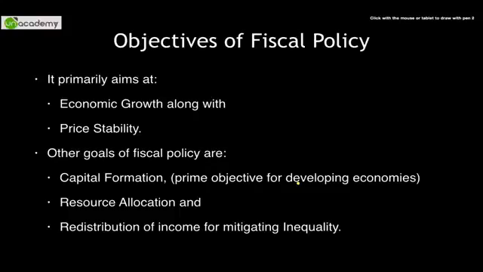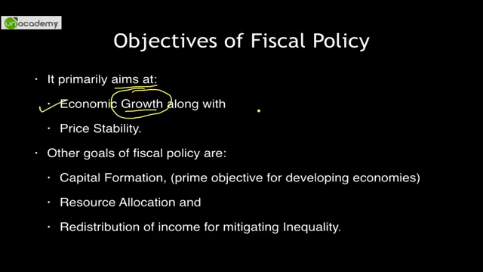Now, what is the objective of fiscal policy? Why is something like fiscal policy implemented? The aim of fiscal policy is economic growth. How do we grow economically through fiscal policy? As you know, the government imposes taxes, all forms of taxes, on the citizens of India, on the companies of India, on trusts of India; every person in India has to pay taxes.